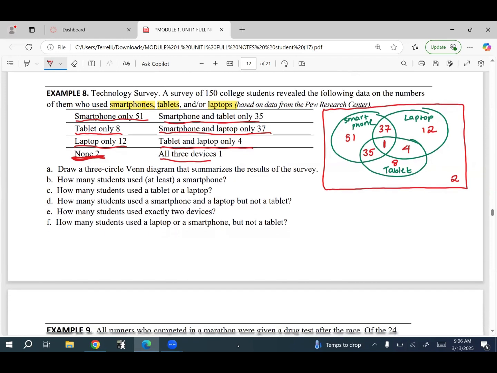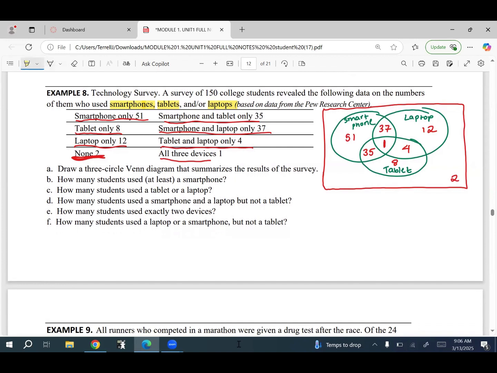So now we can answer the following questions. How many students used at least a smartphone? Now, when you think about at least a smartphone, it means they have to have used a smartphone, but any combination of the other devices is fine as well.